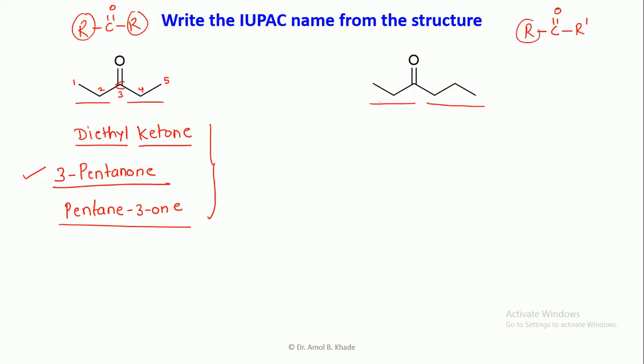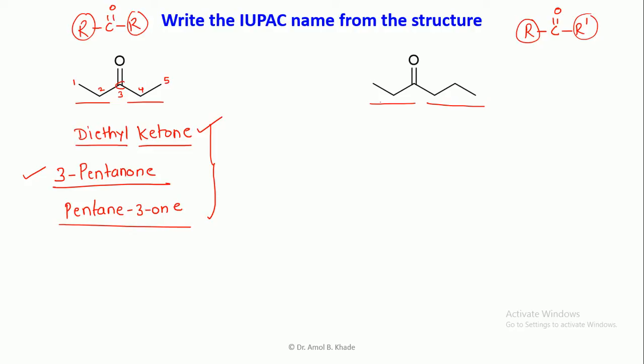R is different on the left side and on the right side, so I have represented it as R dash. Now by using the rule we have discussed earlier, we can write the two substituents first and then we can write the suffix ketone, and there should be space between these three words.